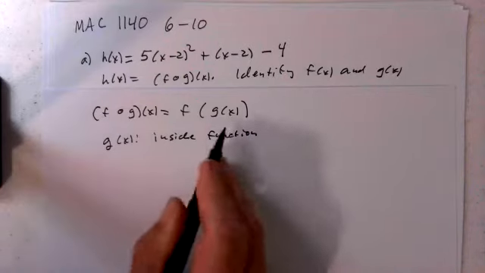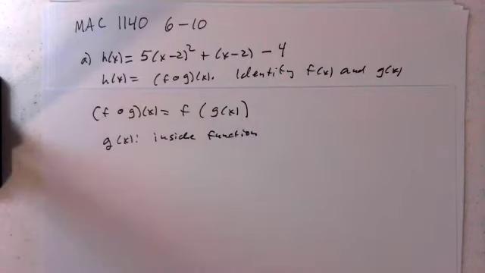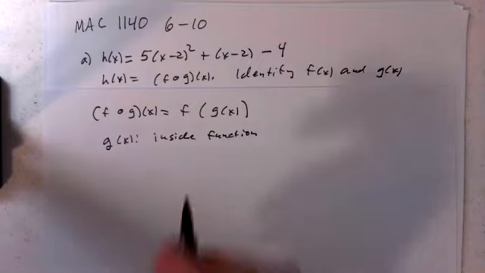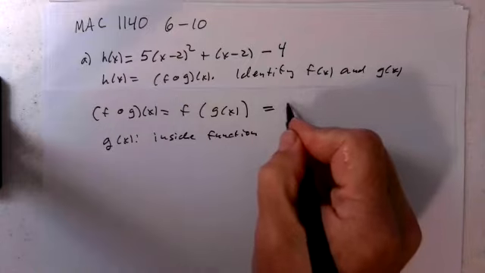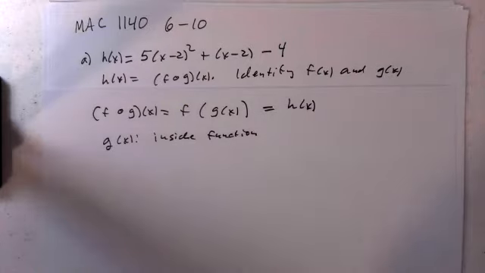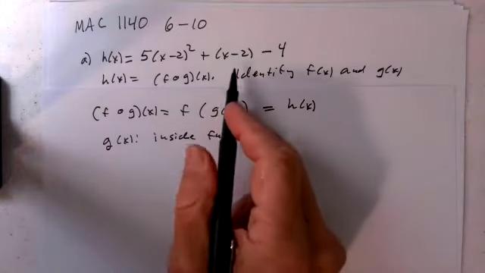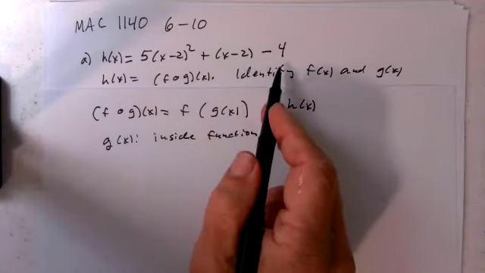When you look at the f of something, that is what h is going to be. So f of g of x is f circle g of x is h of x, which is 5 times (x minus 2) squared plus x minus 2 minus 4.